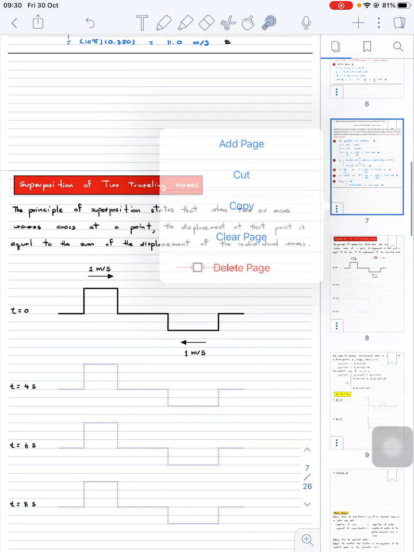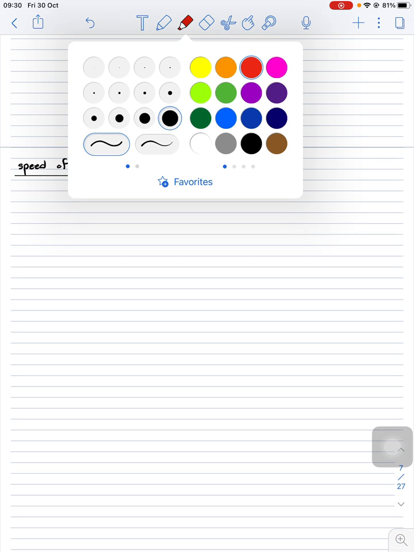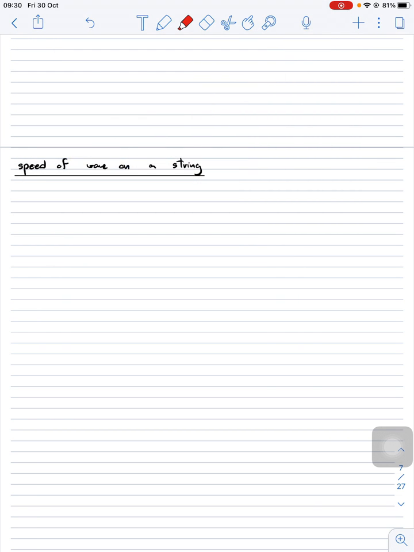Actually, we can find the speed of the wave on a string. I'm going to give you this equation without any proof, so just use this equation.